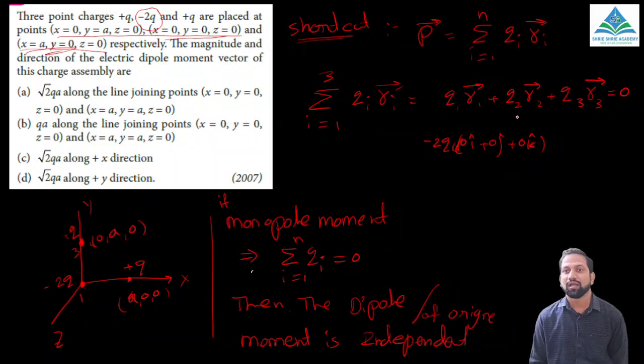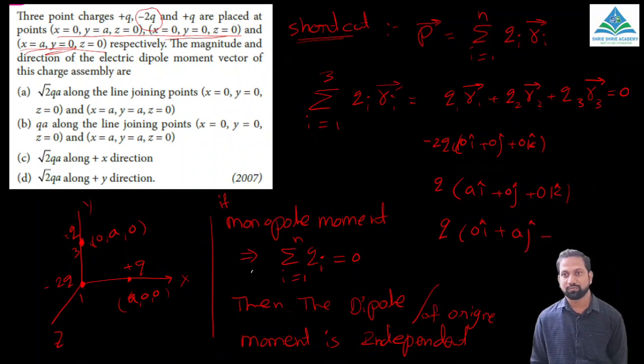Q2 is q into, it is on the x-axis now, so a i cap plus 0 j cap plus 0 k cap. Q3 is on the y-axis, it is positive, 0 i cap plus a j cap plus 0 k cap.